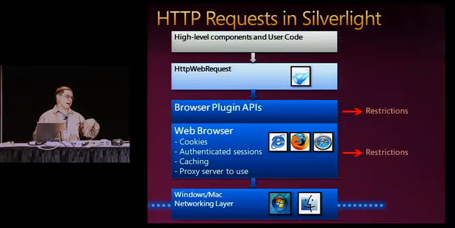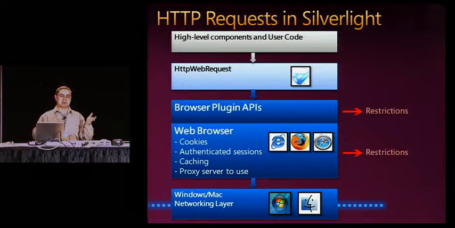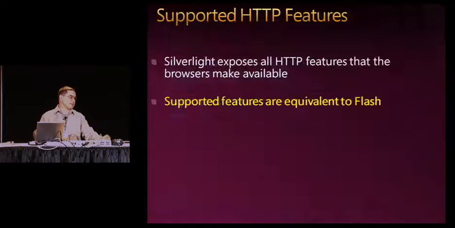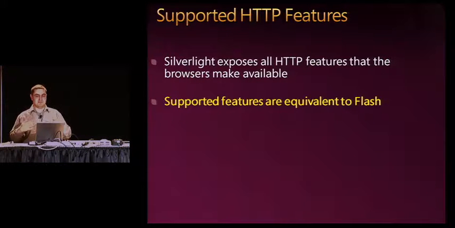And so any rich internet application plugin, be it Silverlight or be it Flash, will have to use those APIs, and it will basically face the exact same restrictions. And so Silverlight will expose all of the HTTP features that are available to it, and the supported features will be basically exactly equivalent to Flash.